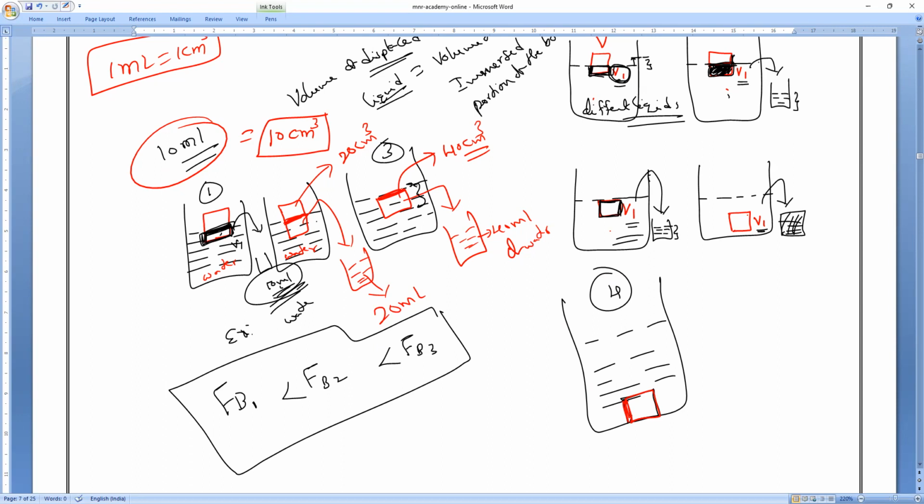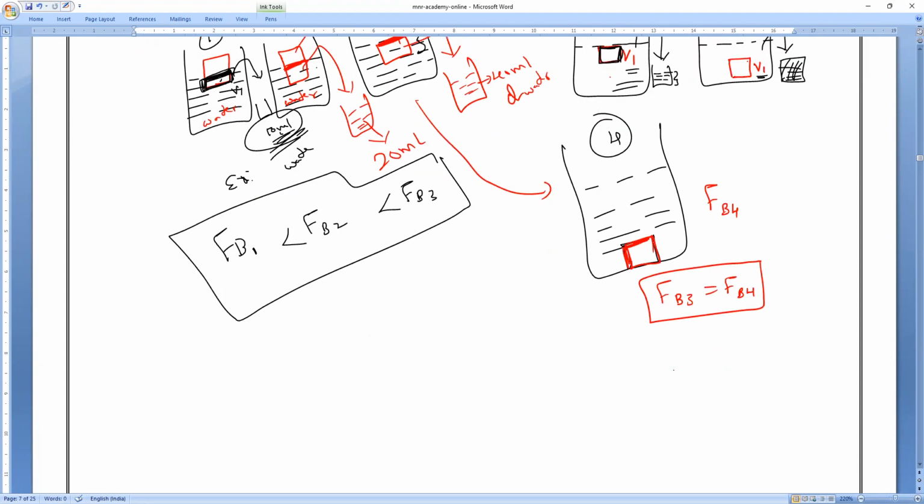Here just below the surface, here at the bottom. Where is the buoyancy force greater? The 3rd case or the 4th case? Buoyancy force is equal. Do you understand, everyone?